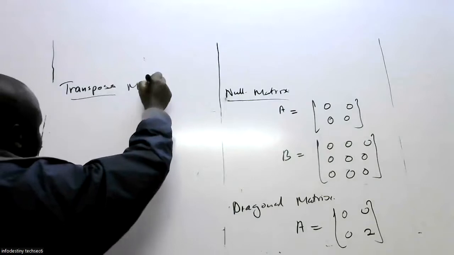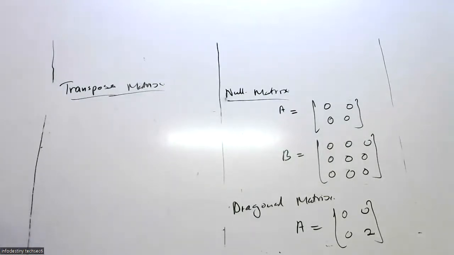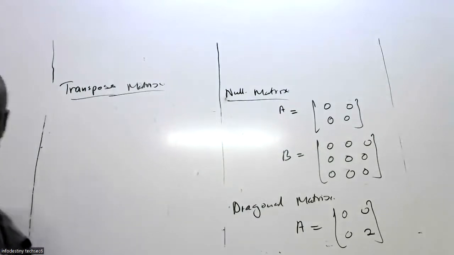When you talk about the transpose of a matrix, we are talking about the matrix whereby you interchange the column and the row. So you continue by saying, this is obtained by interchanging rows and columns.